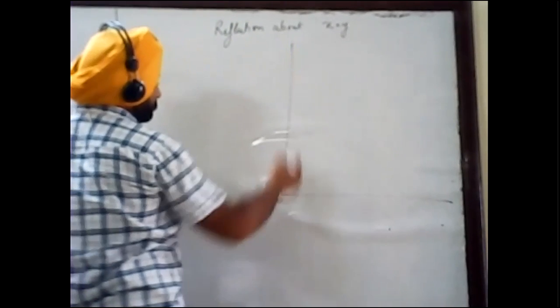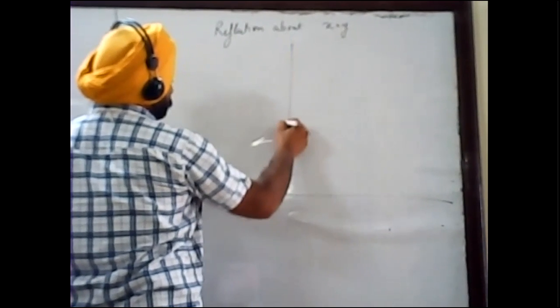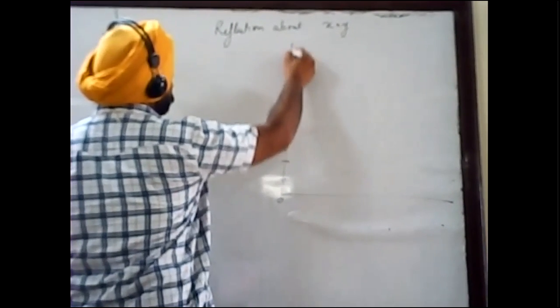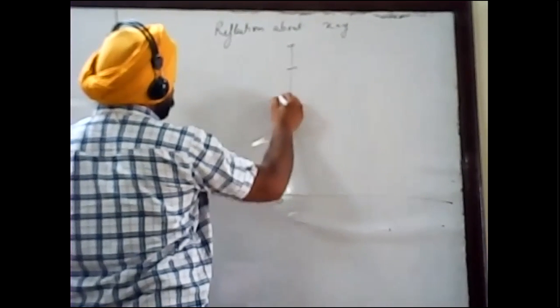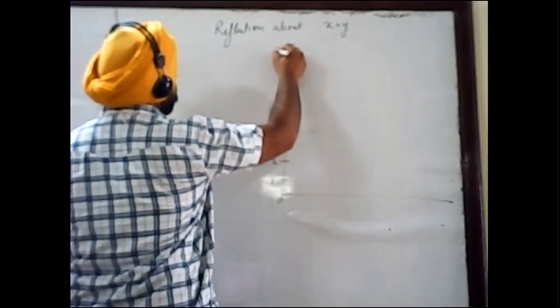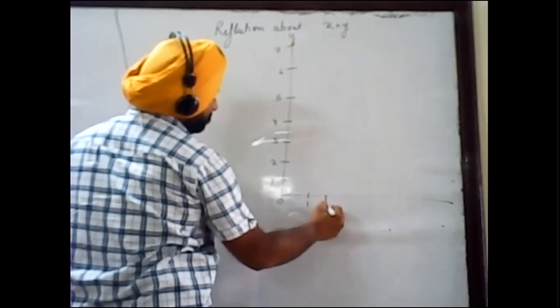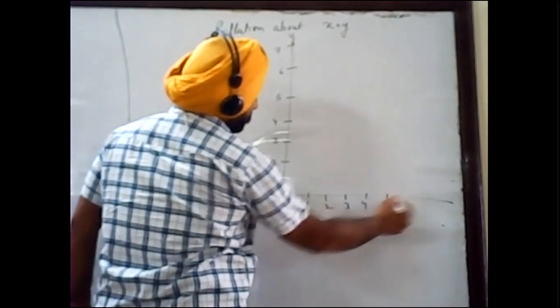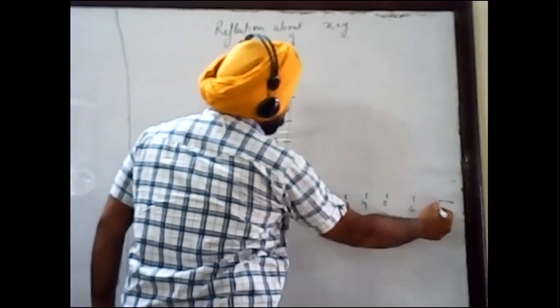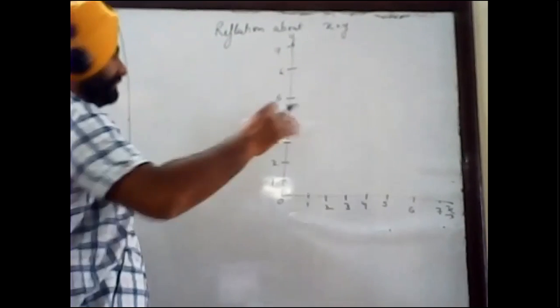This is the origin and this is y. 1, 2, 3, 4, 5, 6, and 7 in the y direction. Similarly, 1, 2, 3, 4, 5, 6, and 7 in the x direction. So these are x and y.